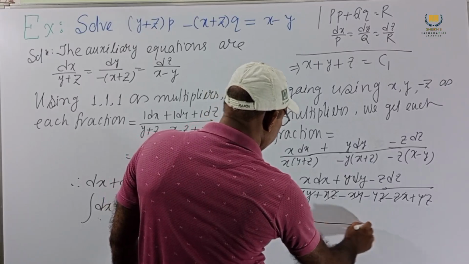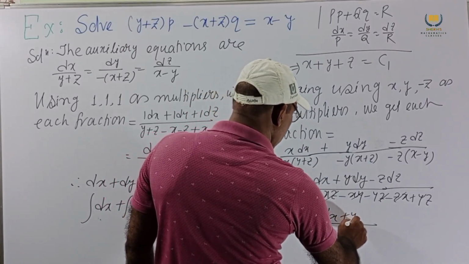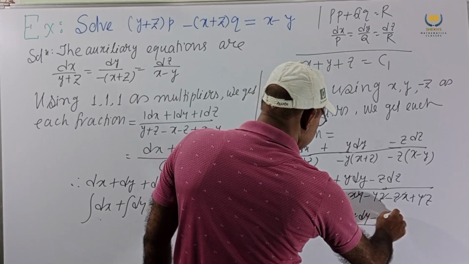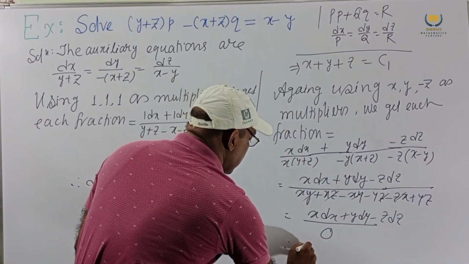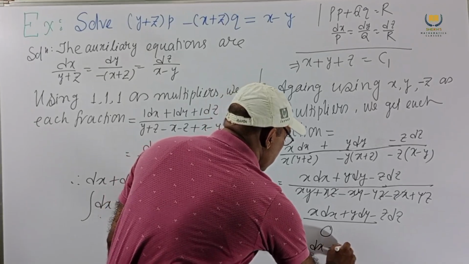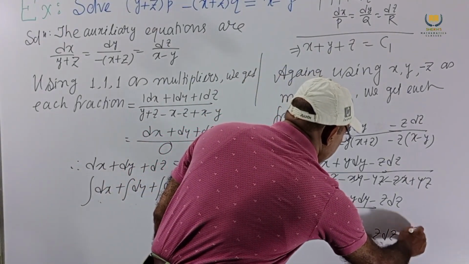So we get denominator 0. Therefore x dx plus y dy minus z dz equal to 0.